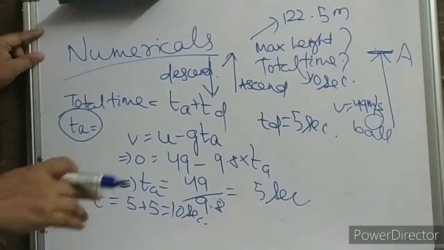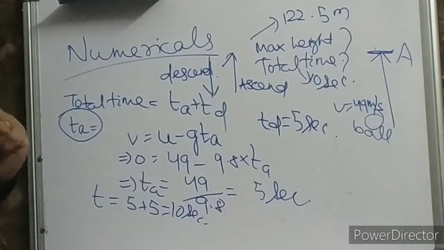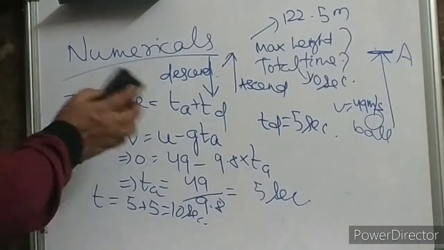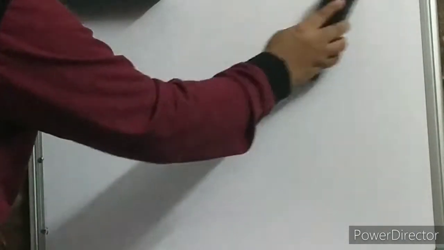If at all you don't want to do this, this is actually smart, because time of ascent is equal to time of descent. But still, if you want to calculate time of descent, which formula will you use? Which equation of motion are you going to use for TD?